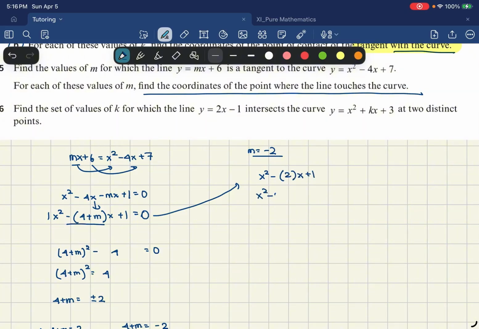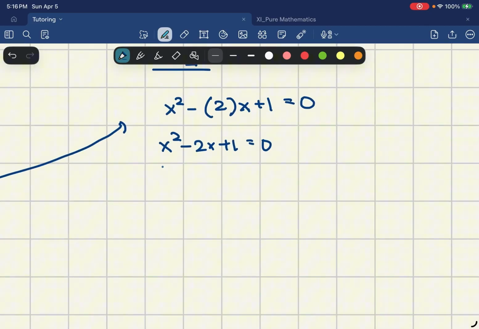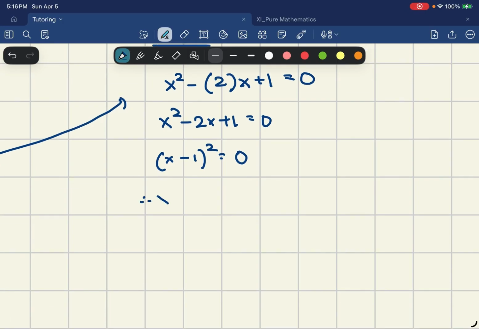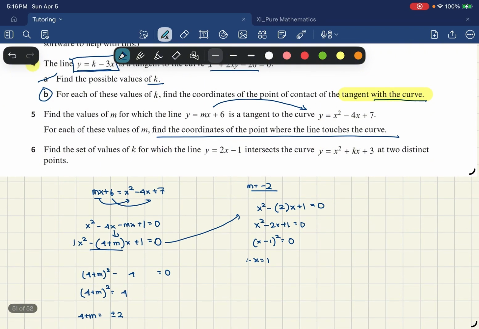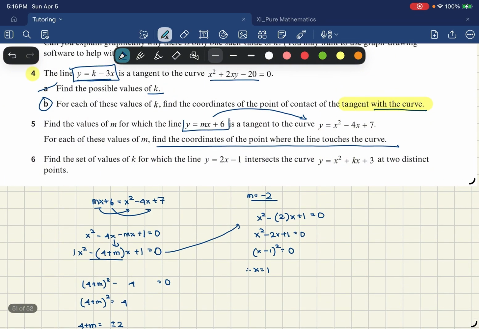So x squared minus 2x plus 1 is equal to 0. And this is just x minus 1 whole squared. So therefore, your x value is 1. And what is your corresponding y value? Well, you just use this equation. So y is equal to mx plus 6, with m equal to negative 2 and x equal to 1, plus 6. So it's 4. So 1 comma 4 is your point of intersection.